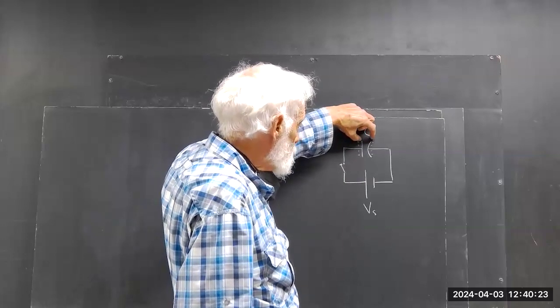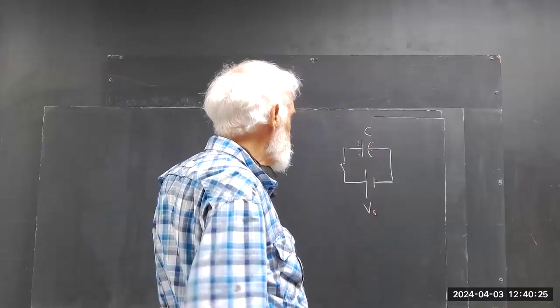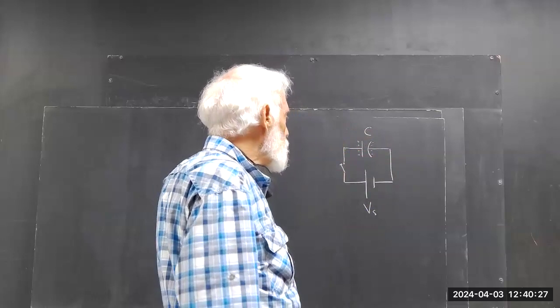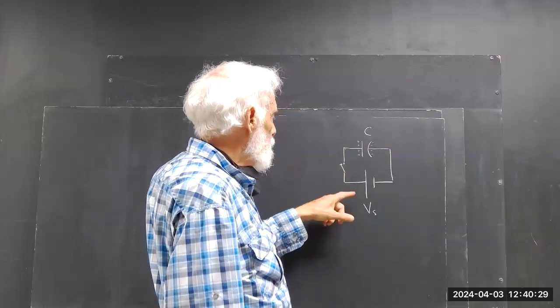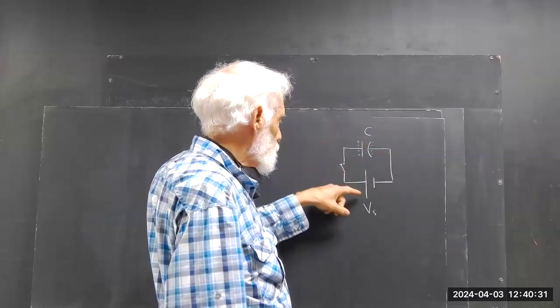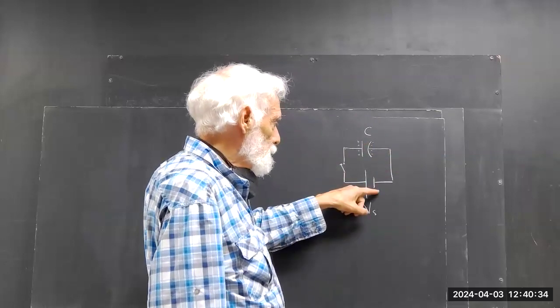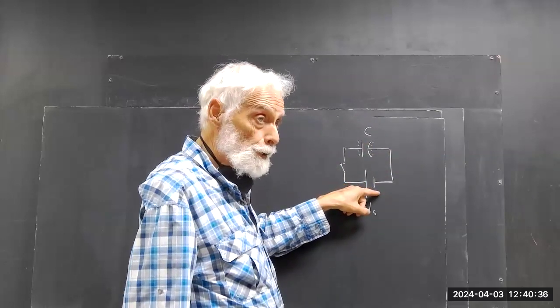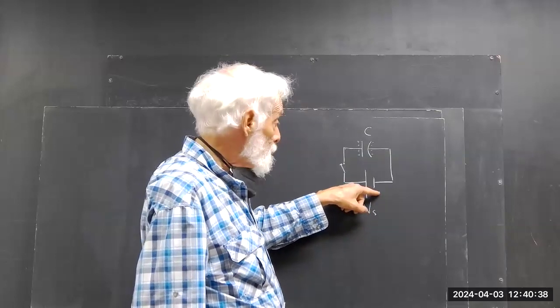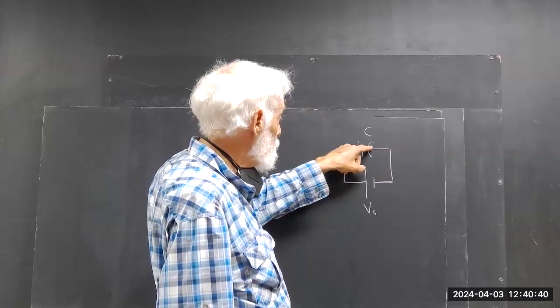There's going to be a voltage across there, and a voltage across here. Now, if you go around the loop, what happens to your voltage? If we go counterclockwise, you go from positive to negative voltage, so you have a voltage drop here, right? And then you go around here and your voltage rises.